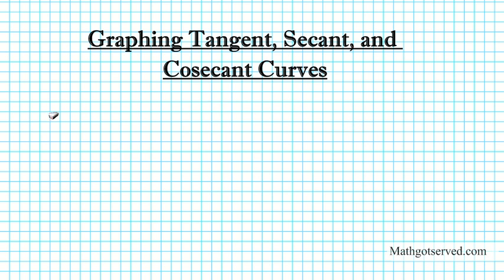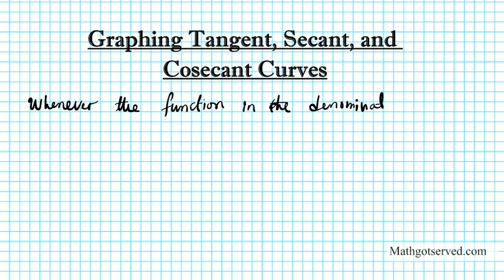So what creates an asymptote? Well, let's write it down. Whenever the function in the denominator is equal to 0, we have a vertical asymptote, okay?